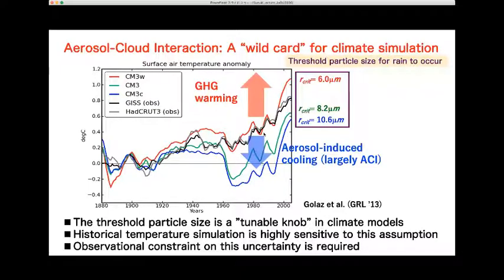Some of them can match the observed temperature trend, but the others do not. So we need to reduce this kind of fundamental uncertainty in the model to better represent the global warming trend and to get better future predictions of climate change.